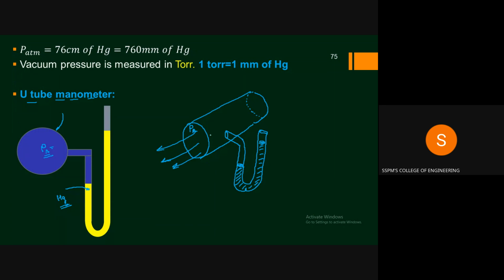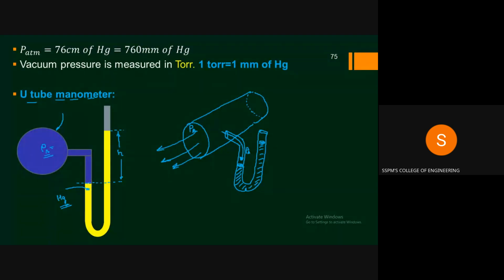Whatever the pressure inside the pipe, it gets transmitted to one side of the glass tube, and because of this pressure we can see a level difference. We have to measure this level difference as h.